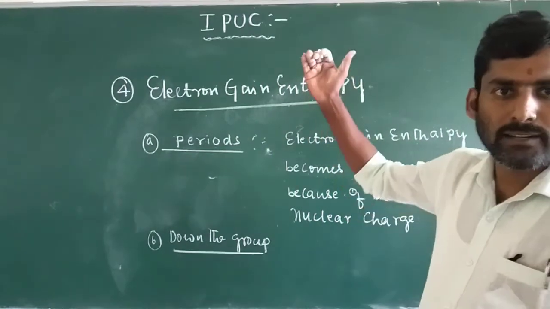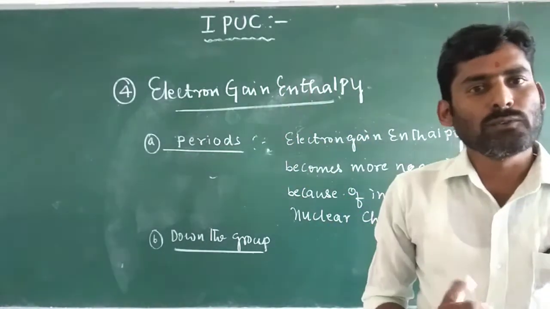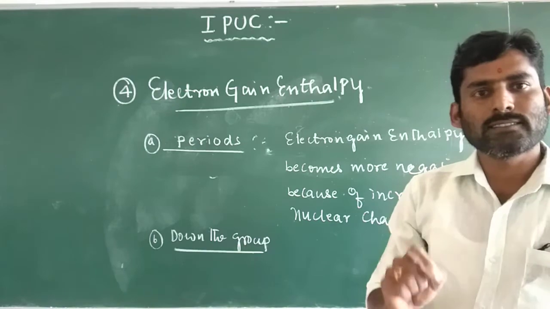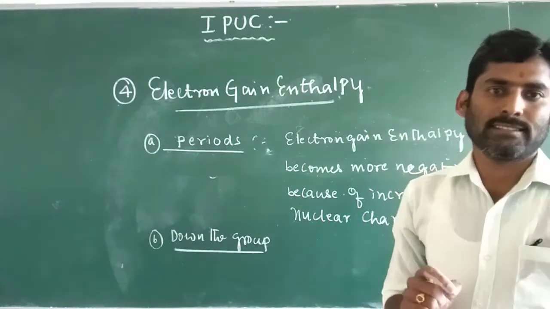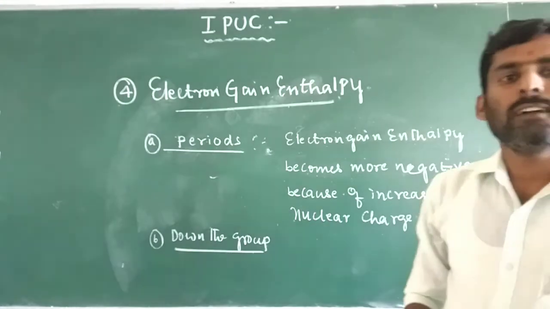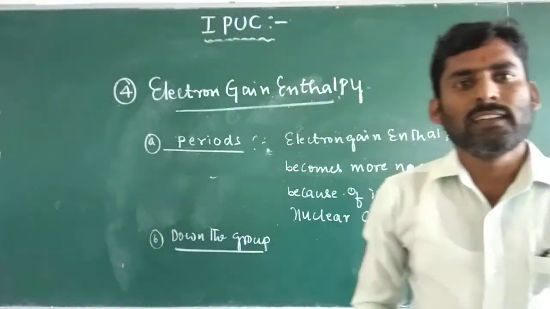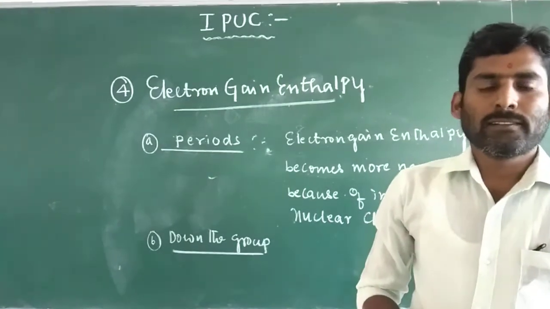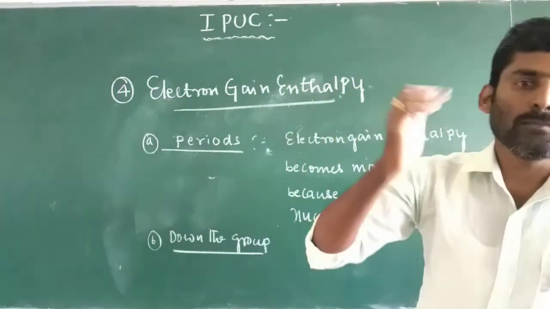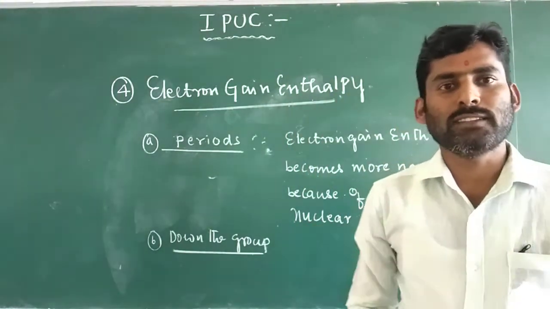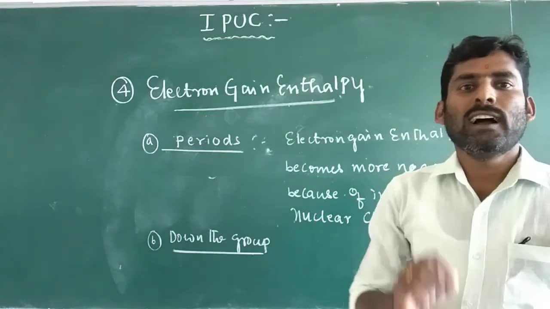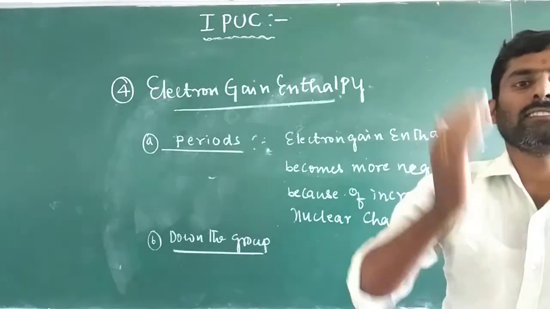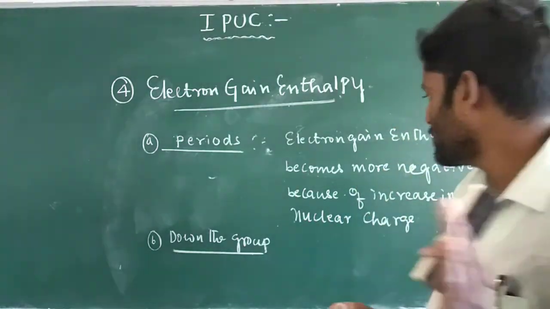Down the group, from top to bottom, atomic size increases. When the atomic size increases, effective nuclear charge decreases, and the ability of gaining an electron decreases. Addition of electrons becomes difficult, so electron gain enthalpy becomes less negative in the group.